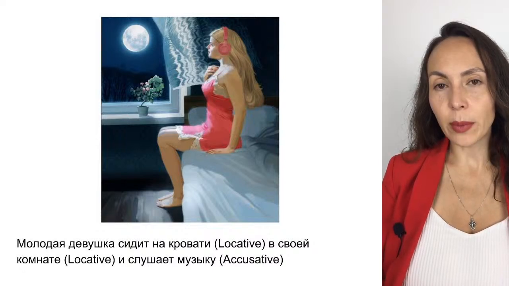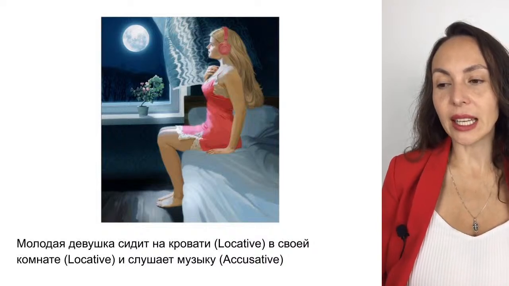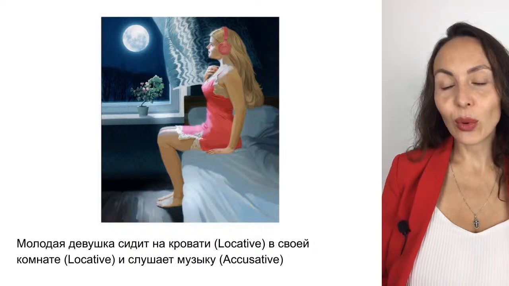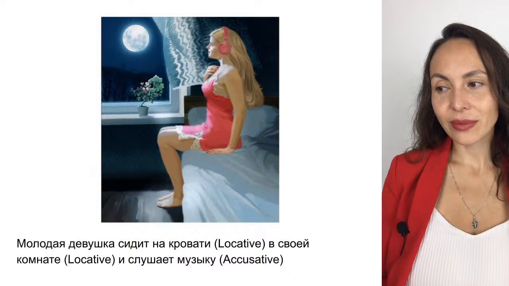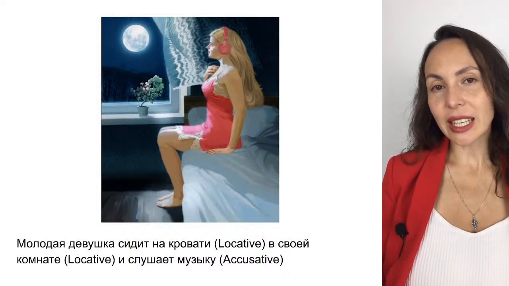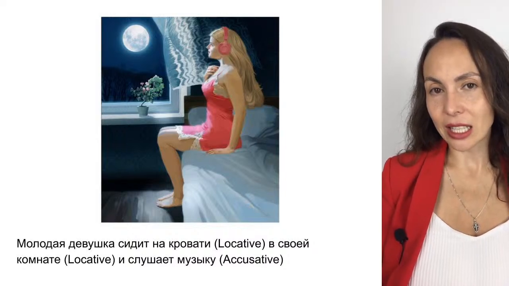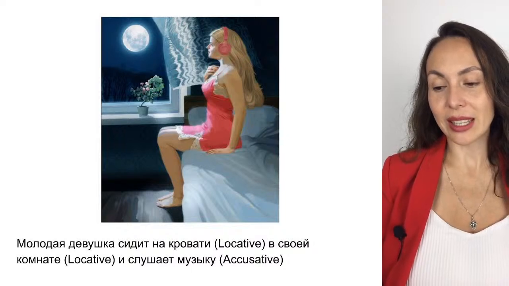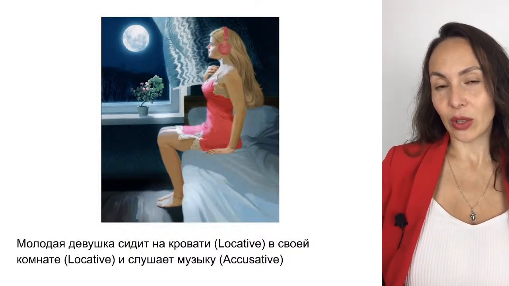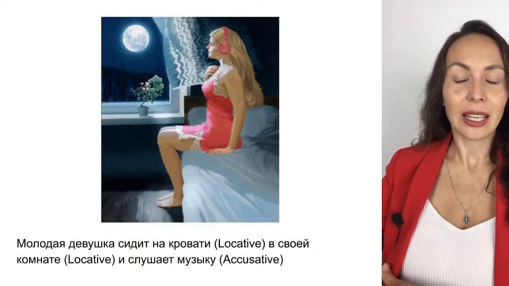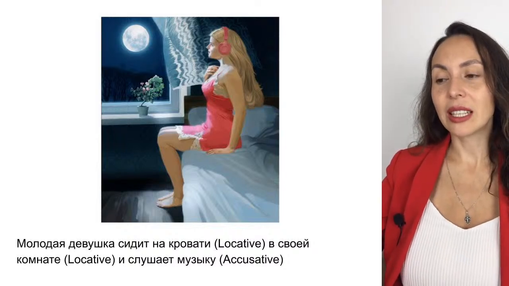Okay? Again, в своей комнате. Locative, because she's inside. И слушает музыку. She's listening to music. Music is the object of her listening. So, она слушает музыку. This is accusative, because we're talking about the object of an action. It's 100% the accusative case.